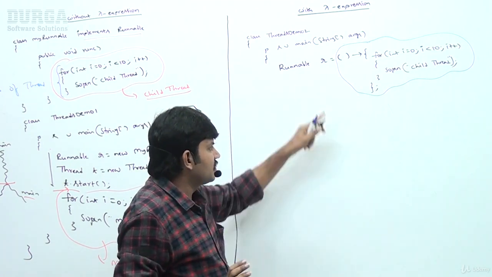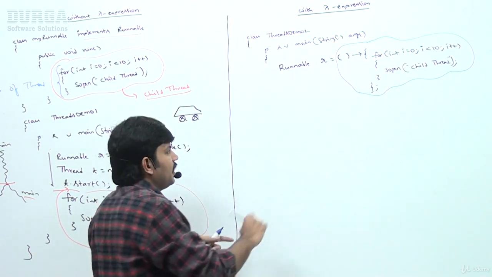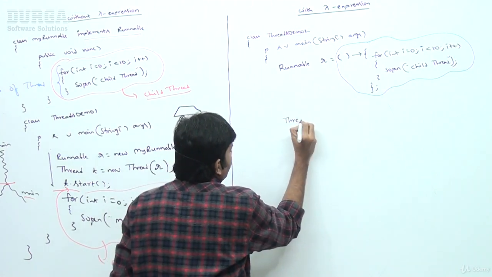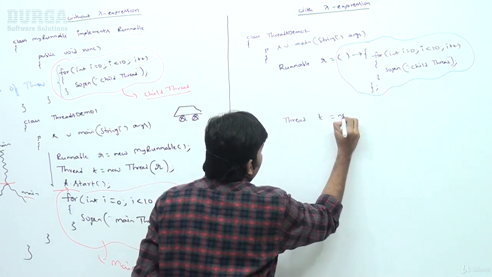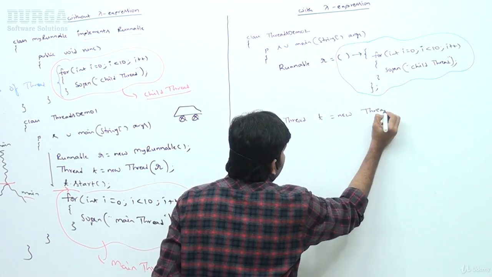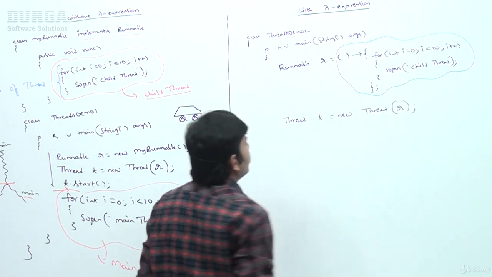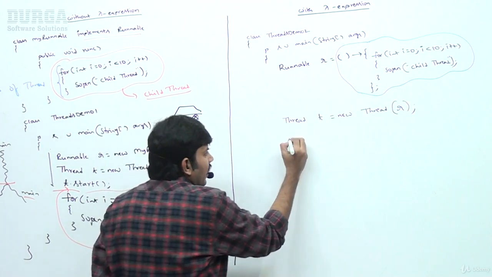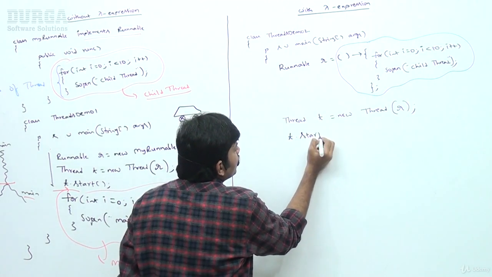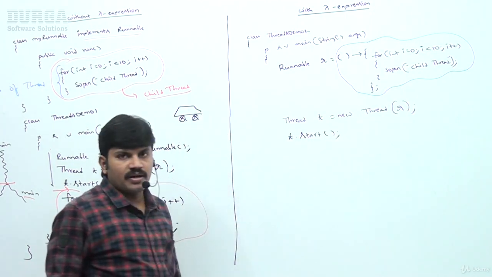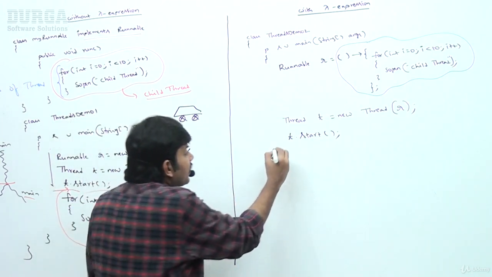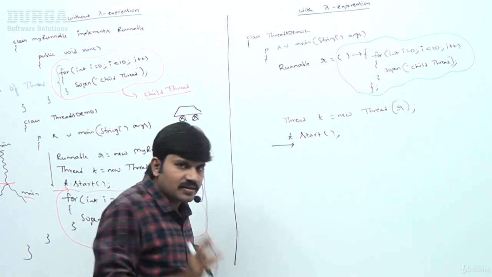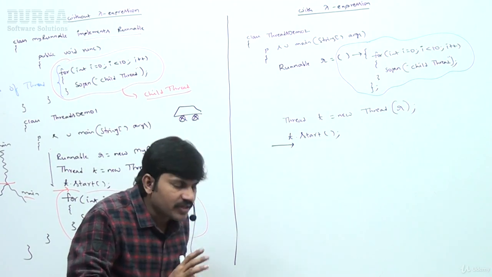Runnable r is ready. The remaining code is the same. Create a thread, Thread t = new Thread(r); t.start(). Now at this point of time, how many threads are there? Two threads, main thread and child thread.